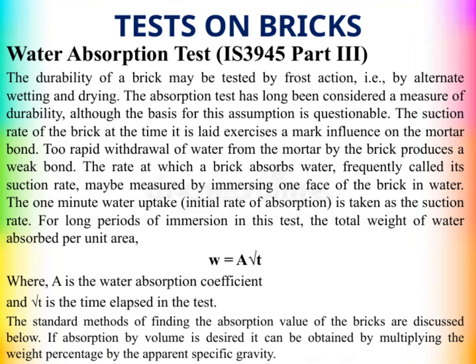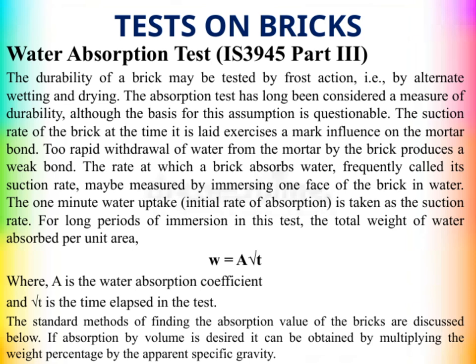For longer immersion periods, the total amount of water absorbed per unit area can be calculated using the formula W equals A times the square root of T, where A is the water absorption coefficient and T is the time in the test. This relationship helps us quantify how much water the brick absorbs over time.